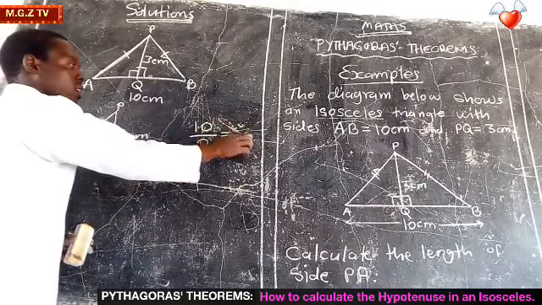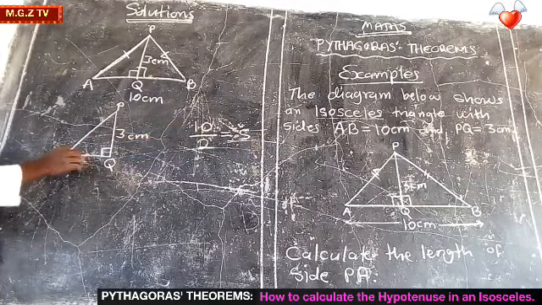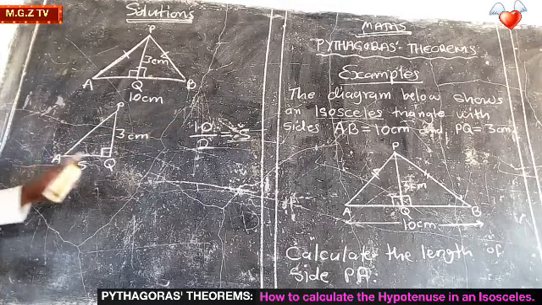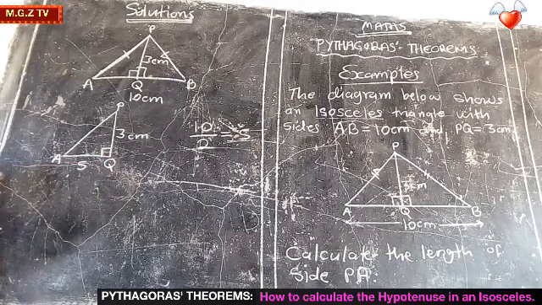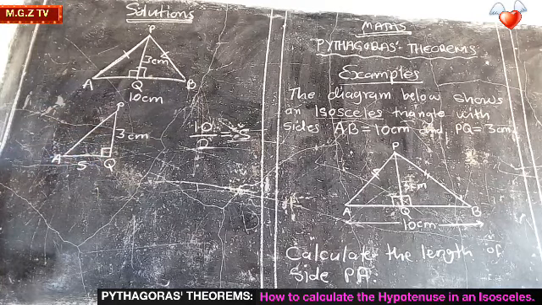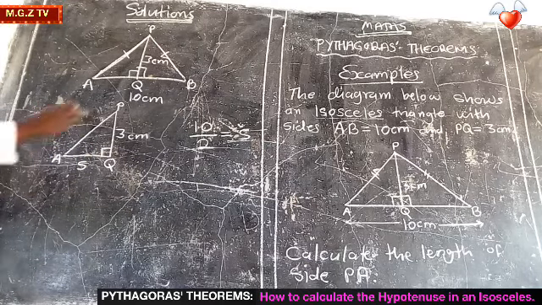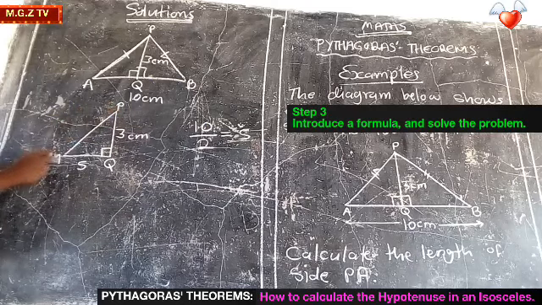What we are getting there is 5. That 5 is the number for A to Q. Now the triangle has all the information that we need. We can now find the answer. We need to find the length for PA.